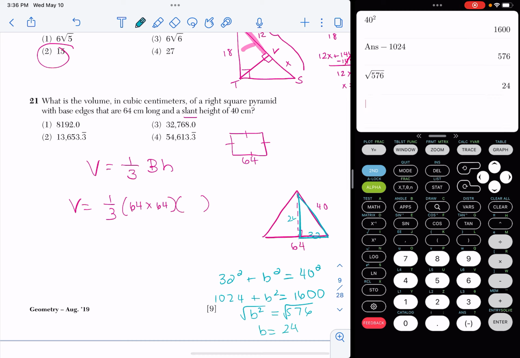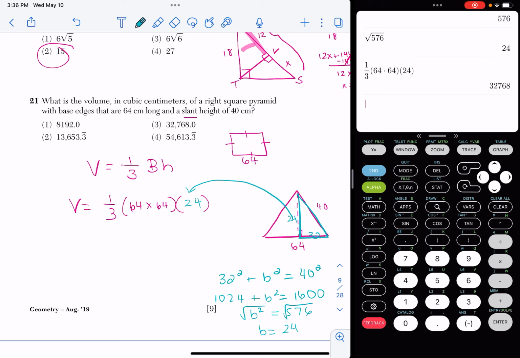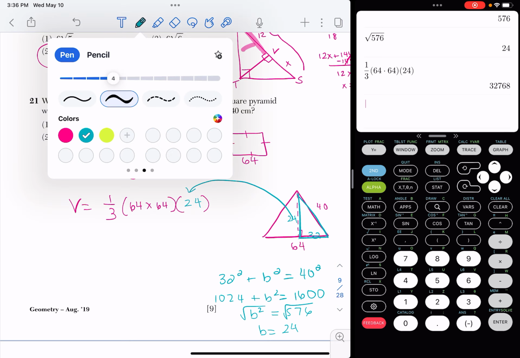So that is our actual vertical height. That's what's going in for h. And now I could type this whole volume calculation into my calculator. So 1/3 times 64 times 64 times 24. And we get our volume to be 32,768. So that is going to give us choice 3.